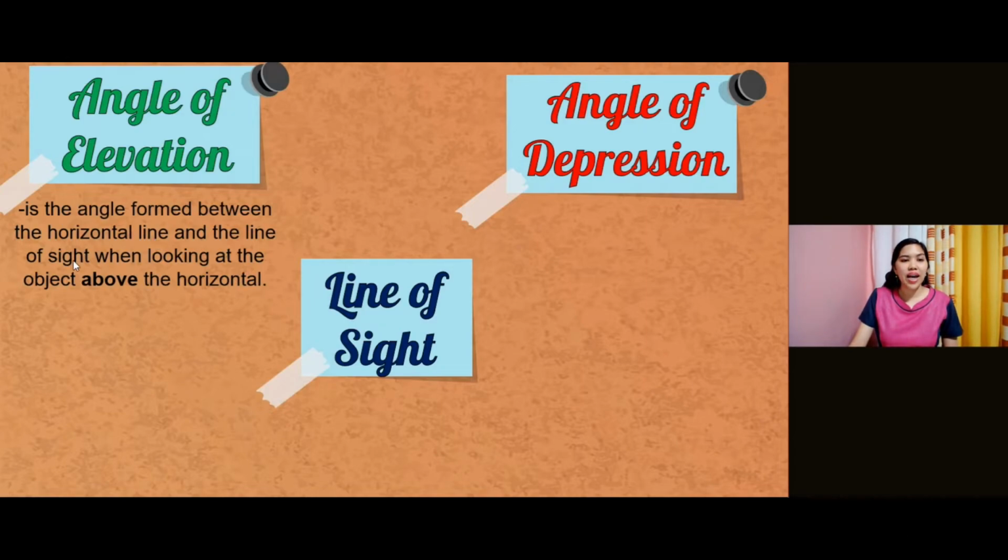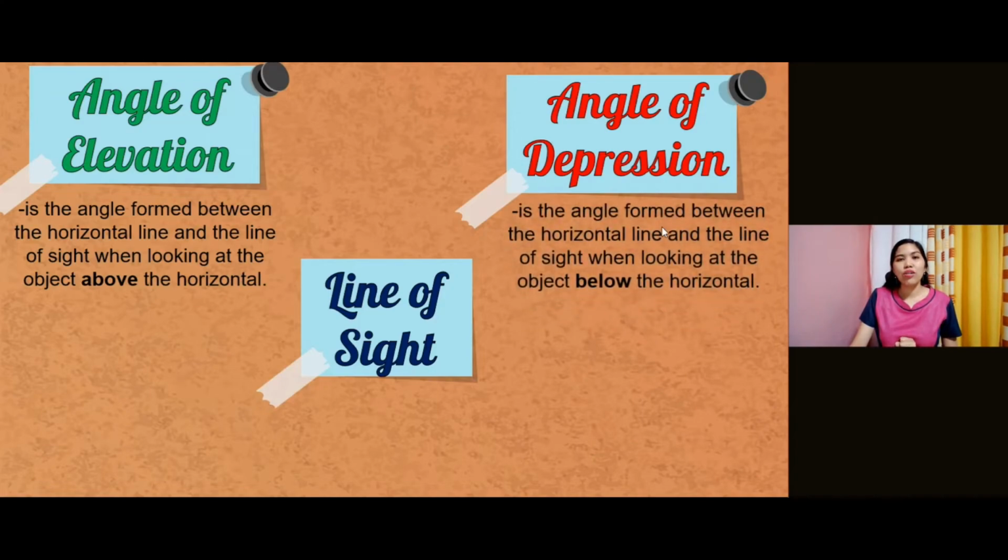So when we say angle of elevation, that is the angle formed between the horizontal line and the line of sight when looking at the object above the horizontal. So the key term, above. And when we say angle of depression, that is the angle formed between the horizontal and the line of sight below the horizontal. So you have here key terms.